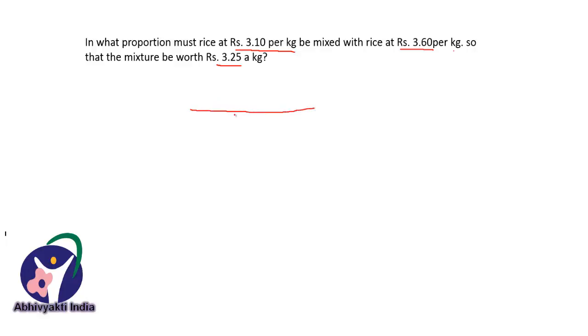This we represent on a straight line, that is 3 rupees 10 paise per kg, so it will be 310 paise, and another is 3 rupees 60 paise, so it will be 360 paise, and the average is 325 paise, and you have to find the ratio N1 and N2, that in what proportion it should be mixed.